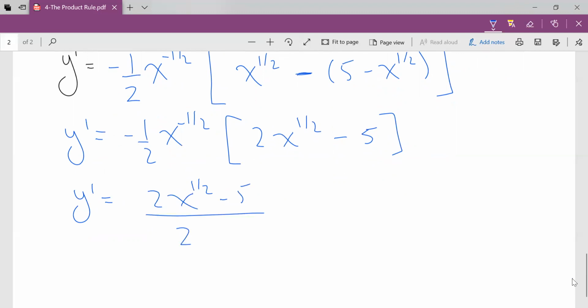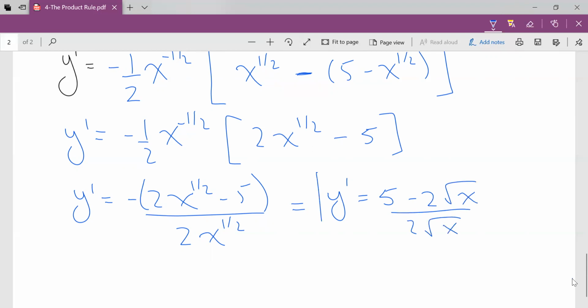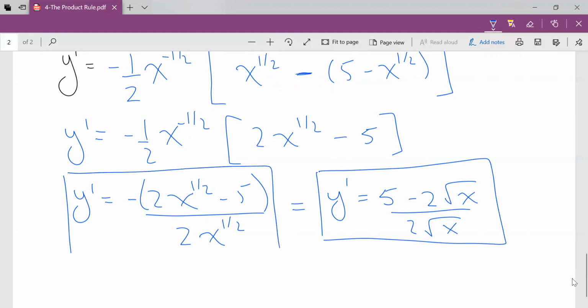Here's 2x^(1/2) minus 5. And what about that negative that we had there? I'm going to put that negative just like that. Or I could write this like this. If you'd like, I could distribute that negative in, which sometimes they do. And sometimes they'll rewrite it as a radical, like that.